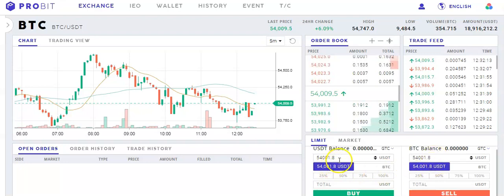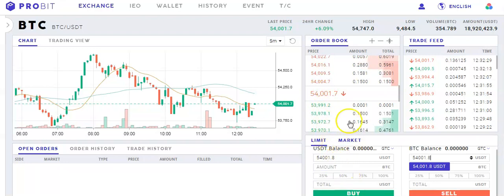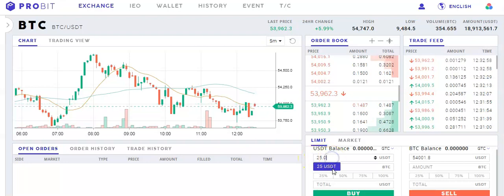Same thing when buying. Only you can decide how many coins you wish to buy and what you are willing to pay for them. So if this was the UME market, for example, which it's not available, so I just have to draw this as an example. If this was UME, then the same thing. I enter the price. Let's say I would want to pay $25 per token.